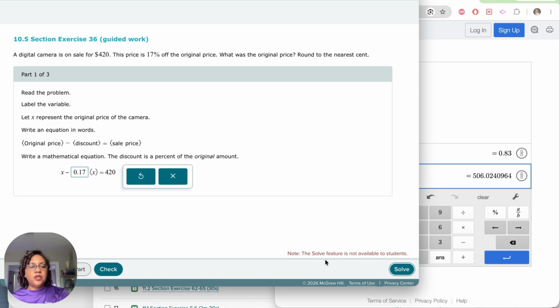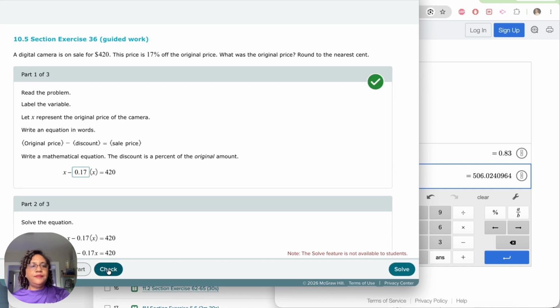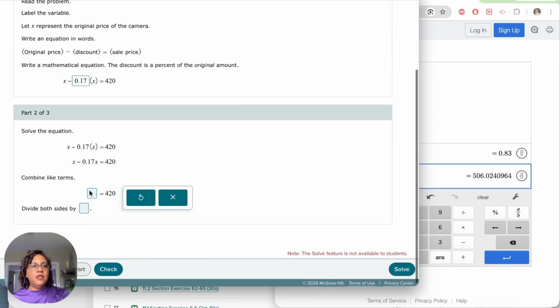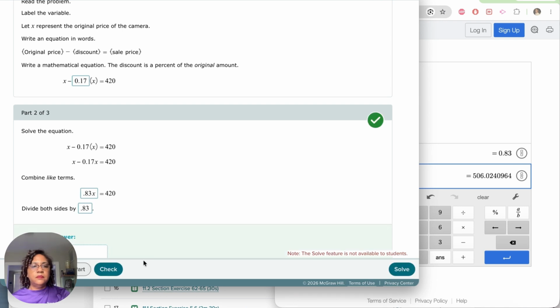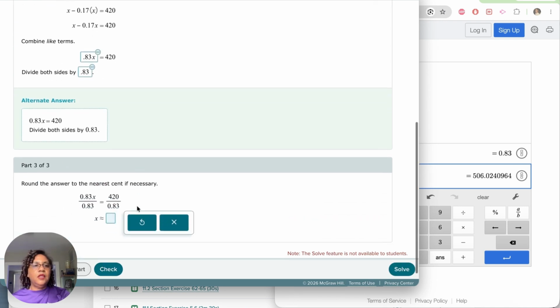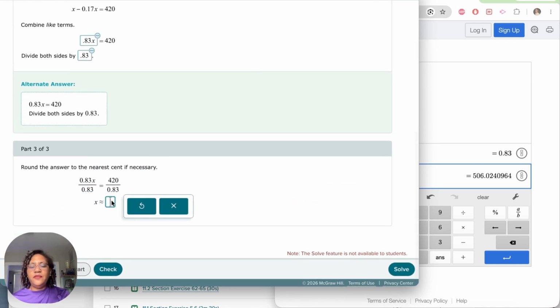So let's look at it solved. Oh, it's making me check that part. And then combine like terms, you get 0.83x. Divide both sides by 0.83. And then, what was it, $506? Hopefully, oops, it was 6.